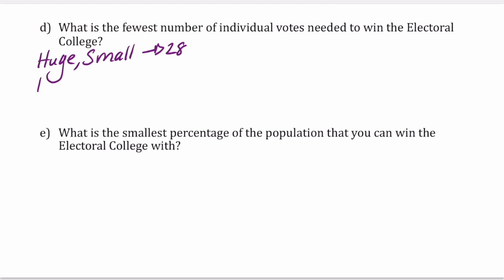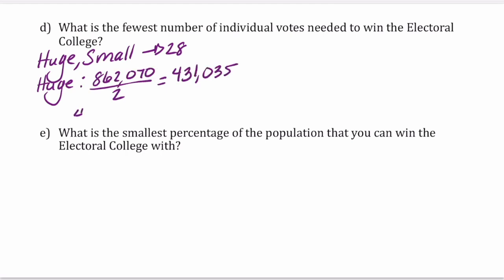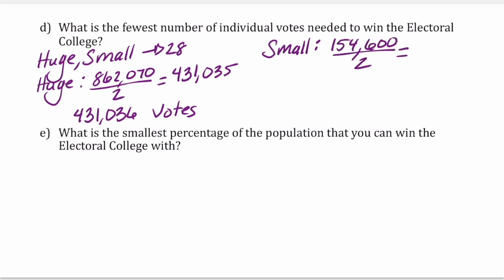Well, for huge, we'll take their population, 862,070, and divide by 2, giving us 431,035. To win huge, a candidate needs to receive 431,036 votes. For the state of small, our population is 154,600. 50% of that would be 77,300, meaning we will need 77,301 votes for a majority.